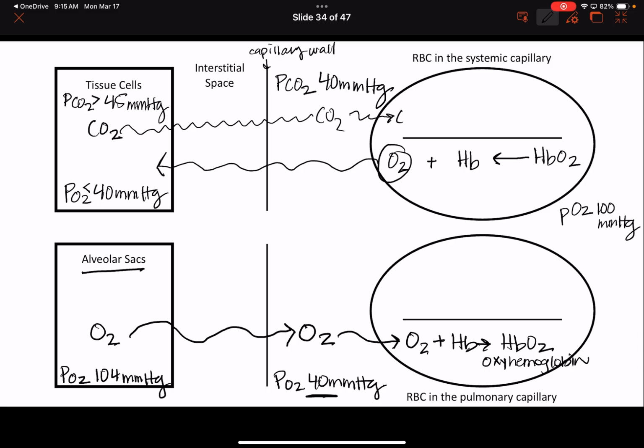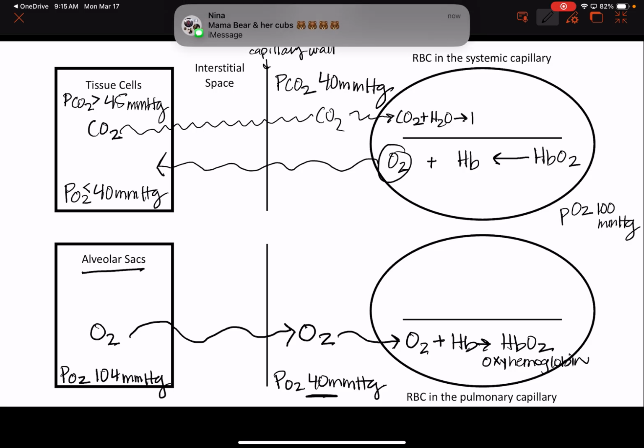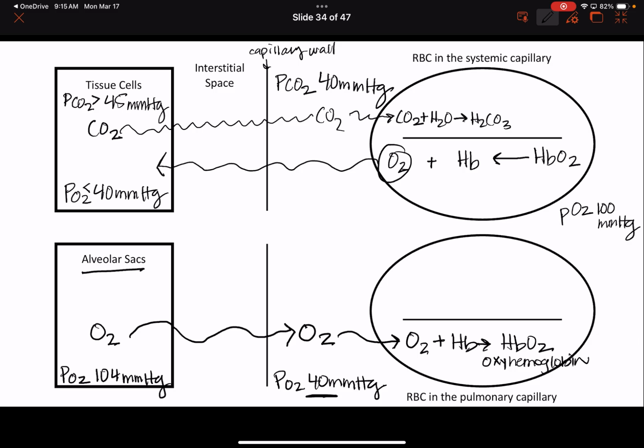So we're going to use that equation. We're going to take the CO2 and add some water to it. That is going to be converted into H2CO3. The enzyme that does that is carbonic anhydrase. I don't have a lot of room to write that down, so I'm just going to put CA for carbonic anhydrase.